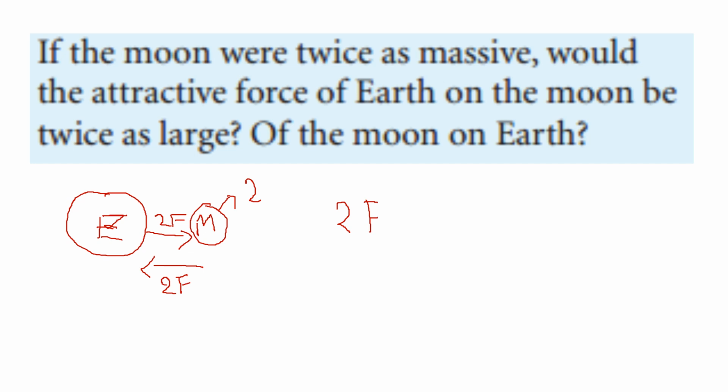Even though you are just increasing the mass of the Moon, the overall impact is going to be the same for both masses. The amount of force that the Earth is exerting on the Moon and the Moon is exerting on the Earth is going to be the same, which is 2 times the original value.